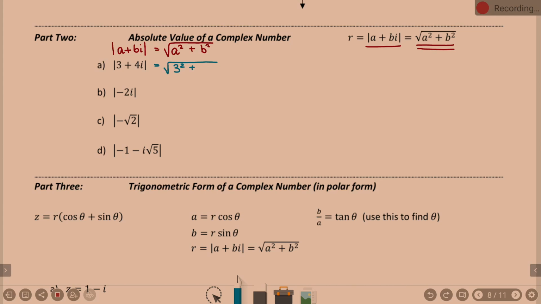So it is just the 4. So square root of 3 squared plus 4 squared. Well, 3 squared is 9. 4 squared is 16. 9 plus 16 is 25. The square root of 25 is 5.